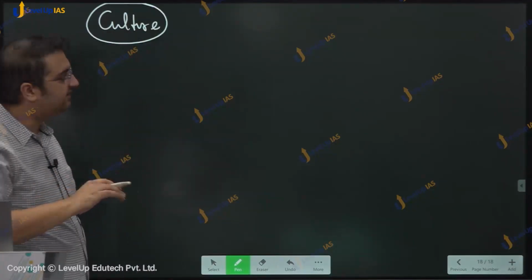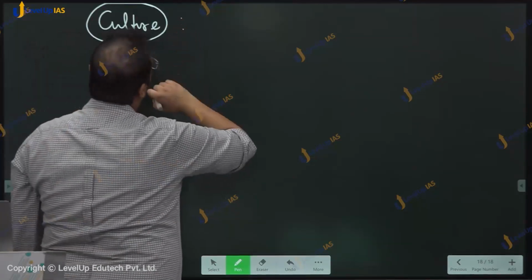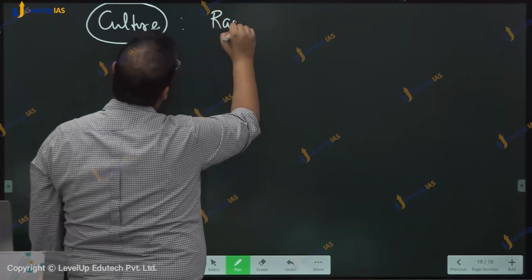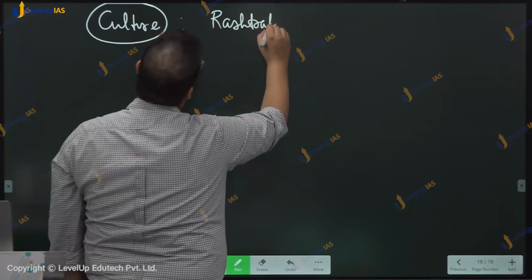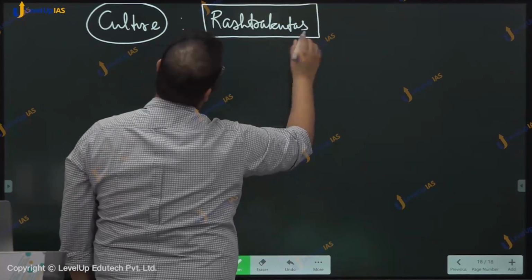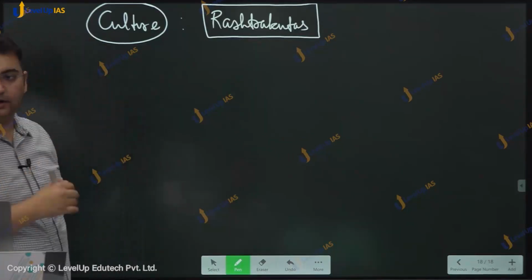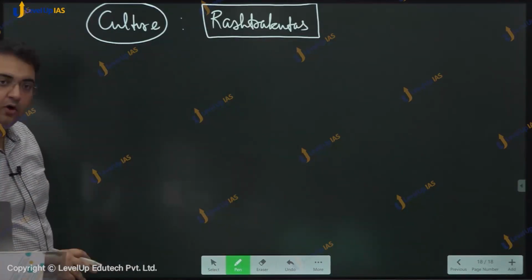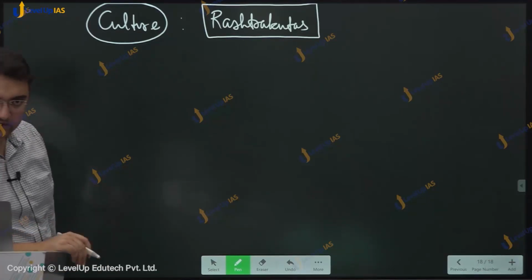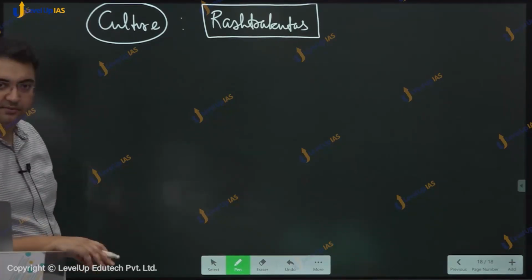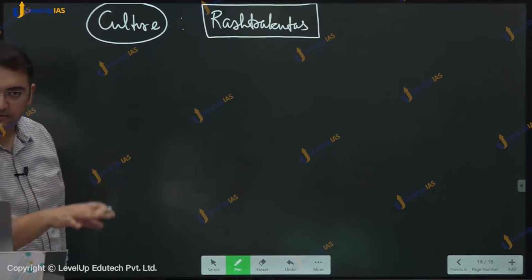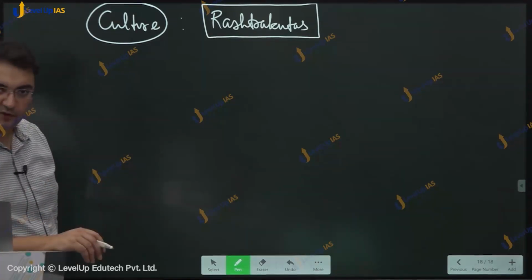And within this, we need to focus specifically upon the contribution of the Rashtrakutas. UPSC 2 बार क्वेश्चन पूछ चुका है और दोनों बार कंट्रीब्यूशन ऑफ राष्ट्रकूटास टू कल्चर, आर्ट एंड लिटरेचर यही पूछा हुआ है. इसके बारे में हम बात करेंगे. जो अदर इंफॉर्मेशन है रिगार्डिंग द पालास एंड प्रतिहारास, आई विल प्रोवाइड दैट इन द फॉर्म ऑफ अ हैंडआउट.